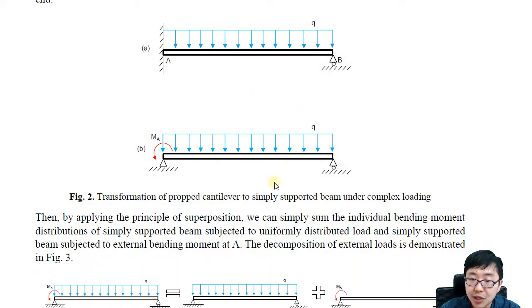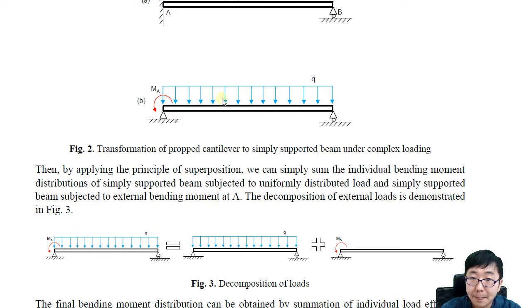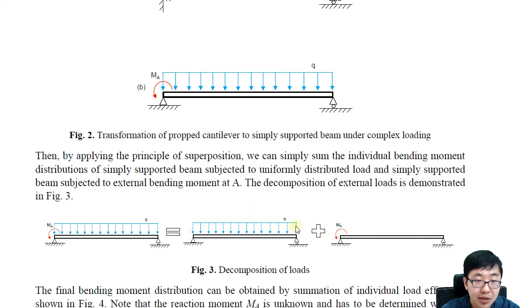So think about it. In this case, from here, they split into two again, like a simply supported beam, that is the same, but with applied load moment 1 here, and in this case they have applied the uniformly distributed load Q, and then add up those two. So decomposition of the load, and think about it, right?